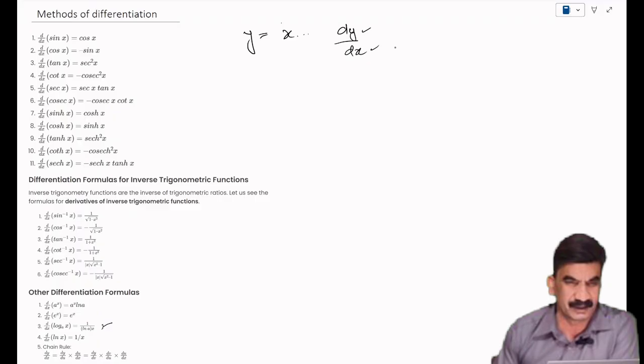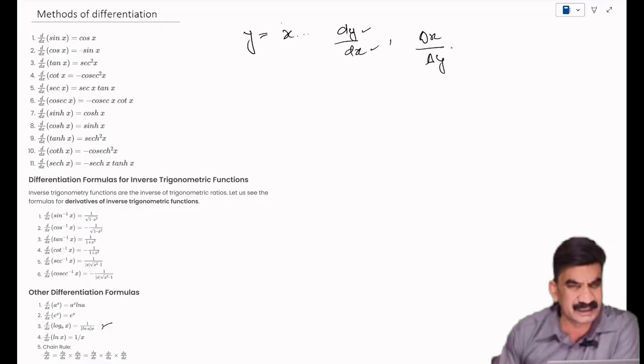It has huge applications in every field, finance or engineering or computer, or anything you talk about. And this comes from something, if you remember, we evaluated limit: dy by dx is equal to f(x plus h) minus f(x), by h.